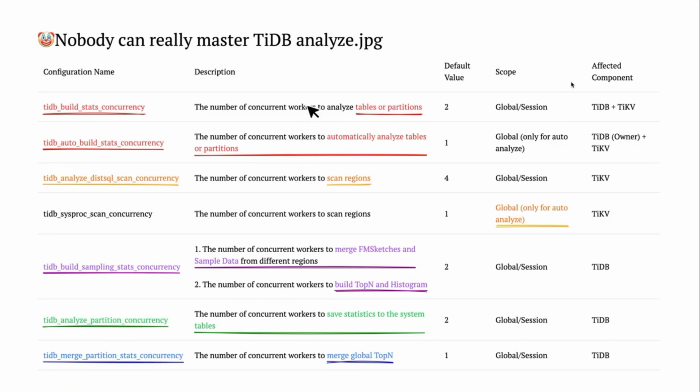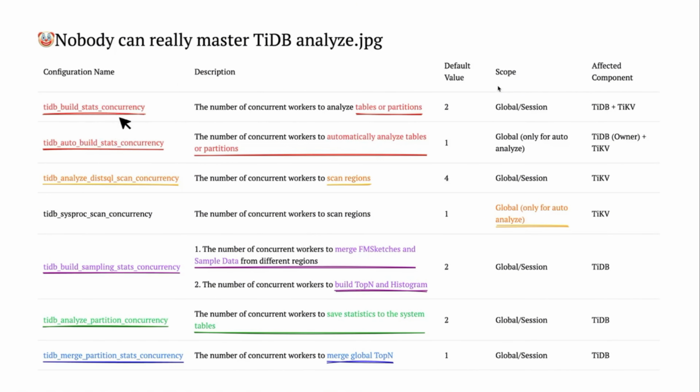So if you have any question about how to speed up the TiDB Analyze feature or the Analyze statement, you can look at this table and find which configuration will probably help you speed up the process. So let's dive into the details.